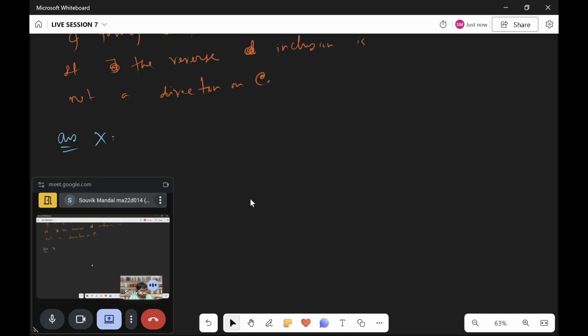Take X to be R and C to be the family of closed sets 0, 1, 0 to 1, 3.